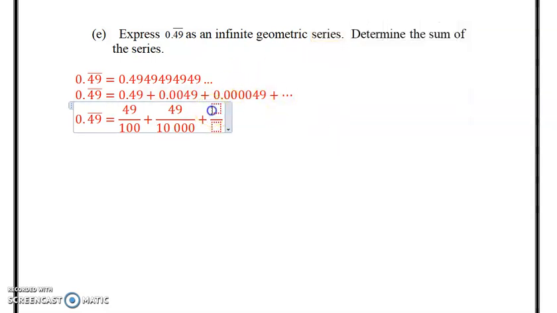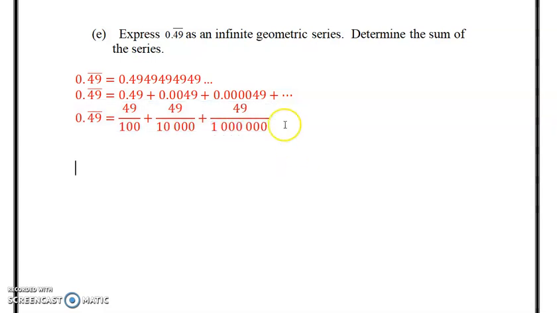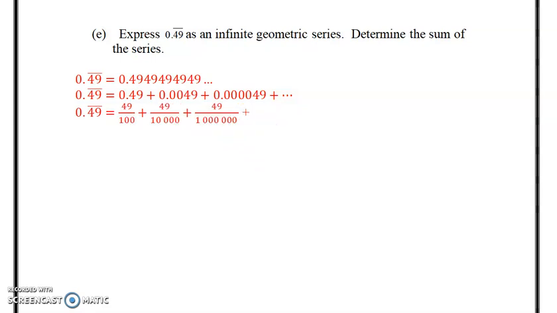For one more we have 49. What's the place value of the 9? So we have tenths, hundredths, thousandths, ten-thousandths, hundred-thousandths, and the millionths. So we put a million in the denominator, and it's going to be plus, and so on for everything.